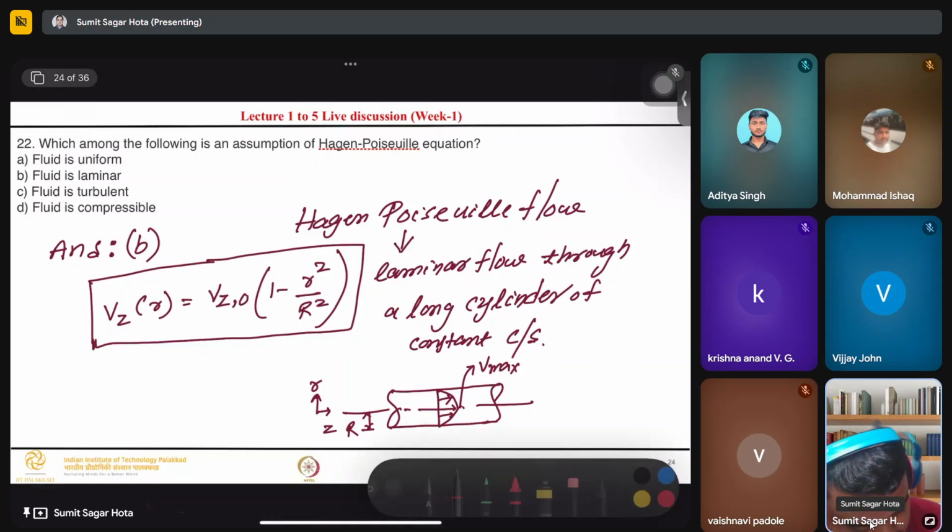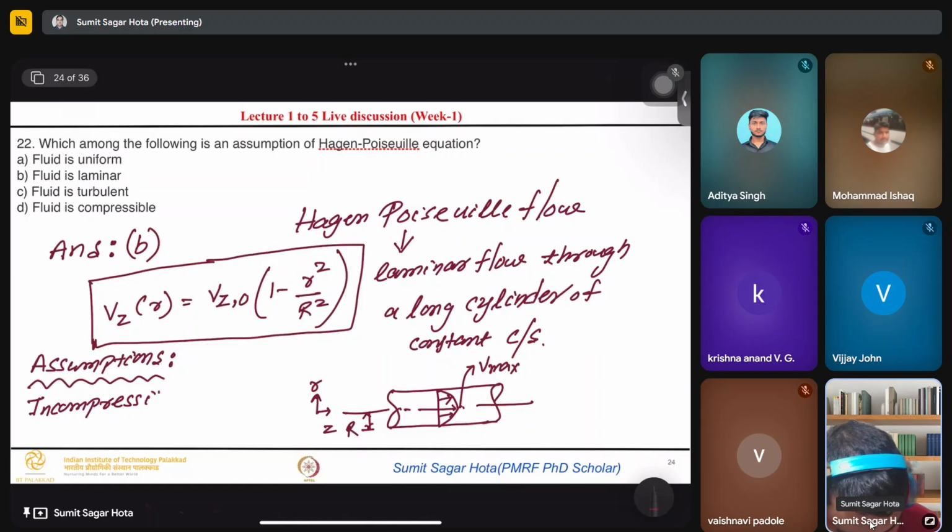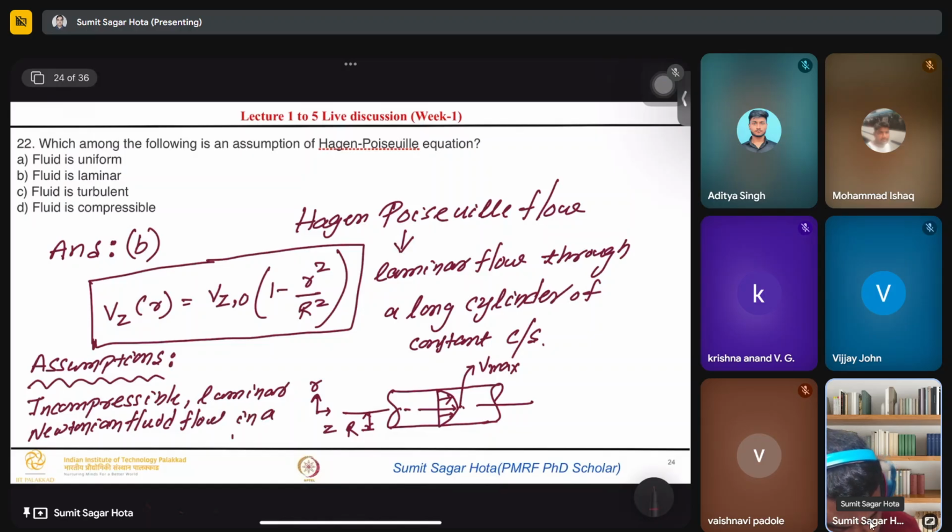Some of the other assumptions are that it's an incompressible, laminar, Newtonian fluid flow in a pipe. Okay, so let's go to the next one.